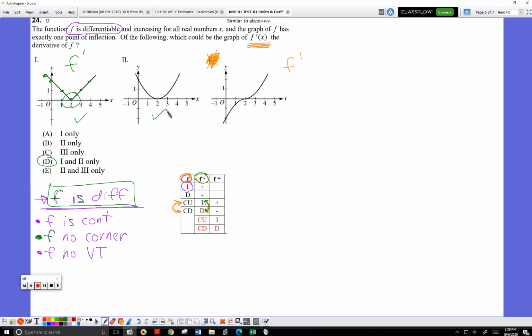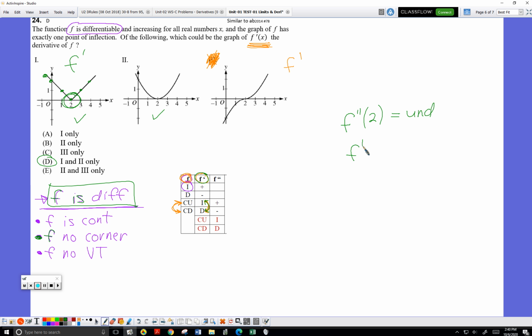F prime is not differentiable, and at x equals 2, we don't know the slope of F prime. Therefore, F double prime of 2 is undefined.